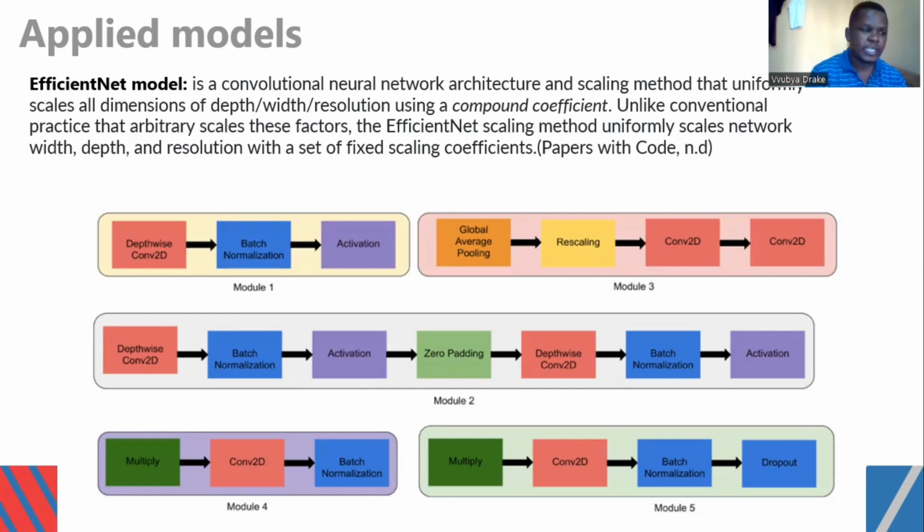So this also utilizes the depth-wise separable convolution, and that is, it applies a single filter per input channel. Then we do global average pooling. There is rescaling after global average pooling.